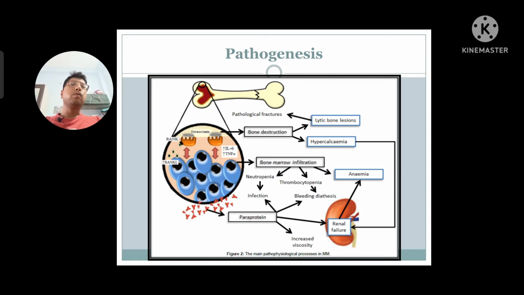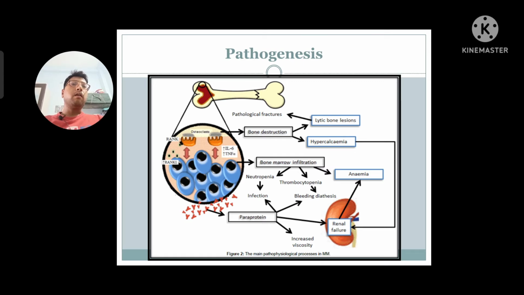Further, it may lead to bone destruction, and lytic bone lesions are seen. So more calcium is produced, and that calcium further damages the kidneys.